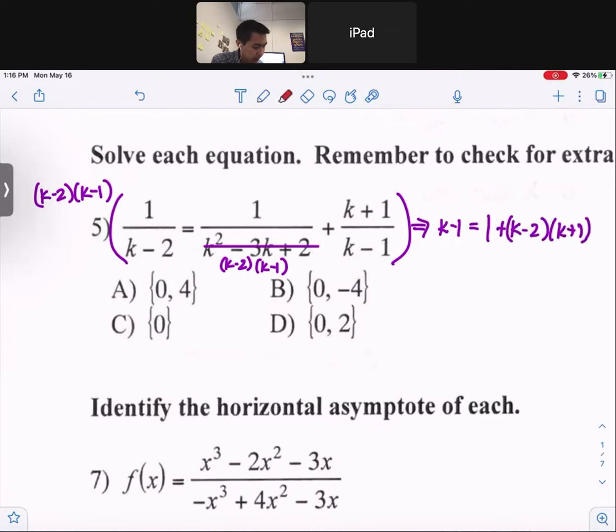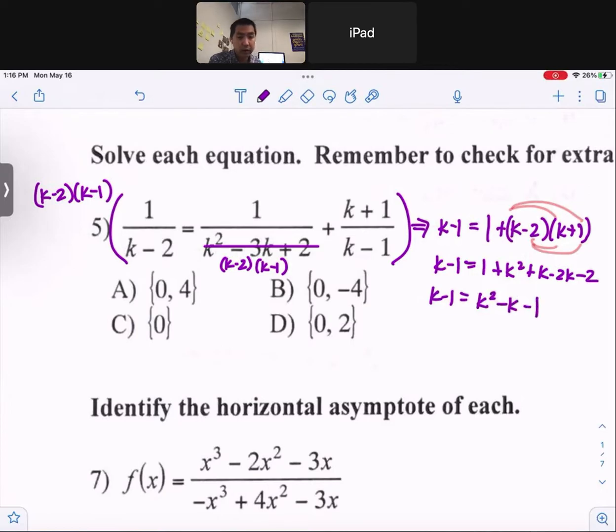And then we simplify. First we have to do a double distribution there: k squared plus k minus 2k minus 2. Combine like terms on the right hand side, which is k squared minus k minus 1.